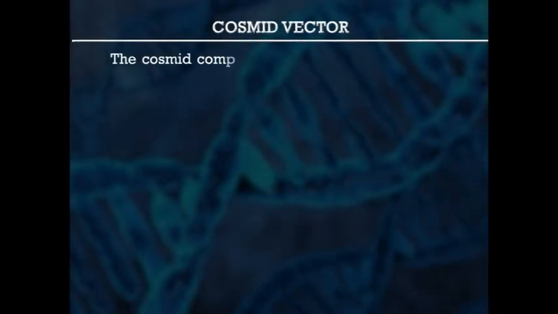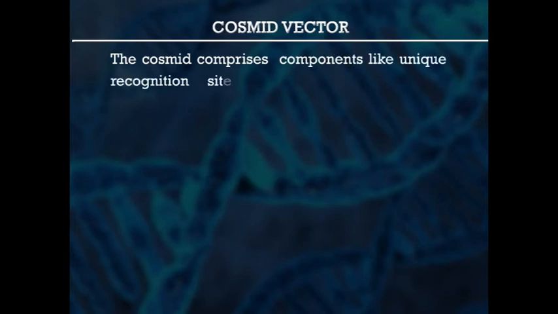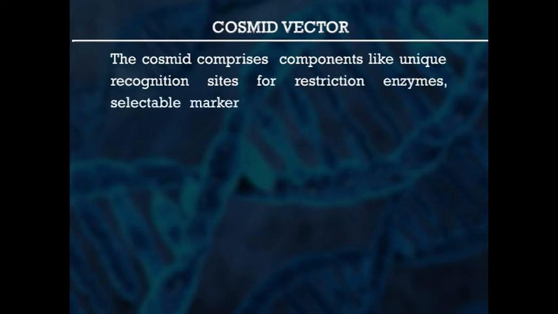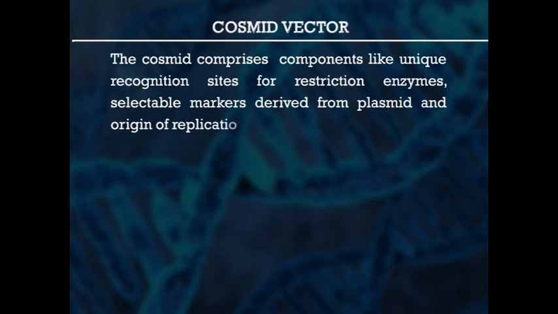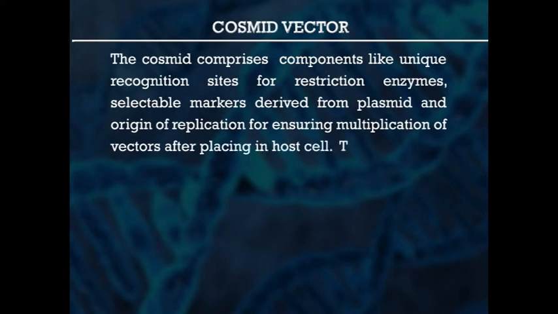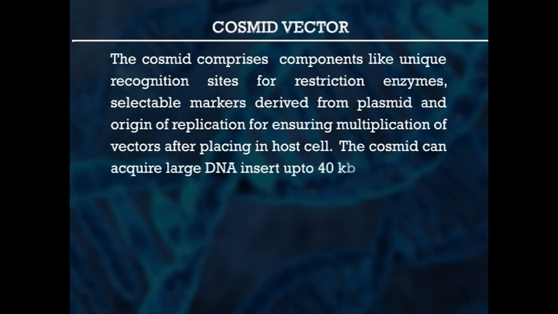The cosmid comprises components like unique recognition sites for restriction enzymes, selectable markers derived from plasmid, and an origin of replication for ensuring multiplication of vectors after placing in the host cell. The cosmid can acquire large DNA inserts up to 40 kb in size.